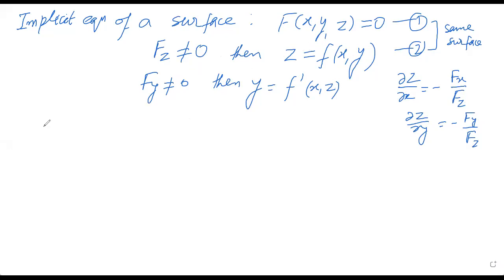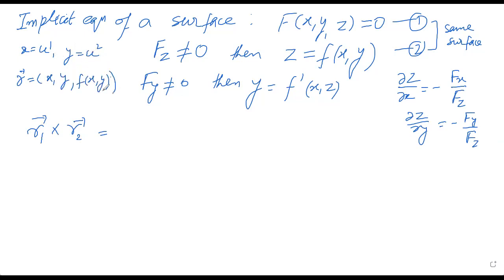Now for the condition that the surface is regular, you can find your R1 cross R2. Because you have x, y, z, I can consider x as one parameter u1, and y as u2. So I can write your R as a function of (x, y, f(x, y)); now x and y will work as parameters.